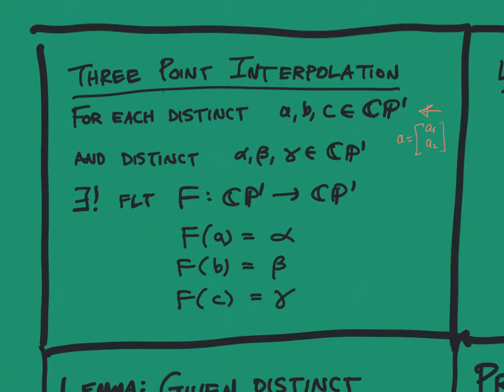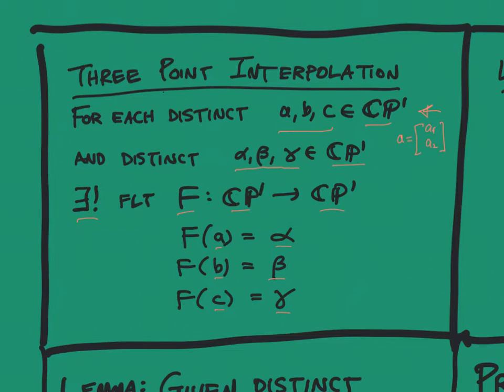So here a will be thought of as a1, a2 inside of CP1, and similarly for b and c. So we have distinct a, b, and c in CP1 and distinct alpha, beta, gamma in CP1. Then there exists a unique fractional linear transformation F that sends A to alpha, B to beta, C to gamma.